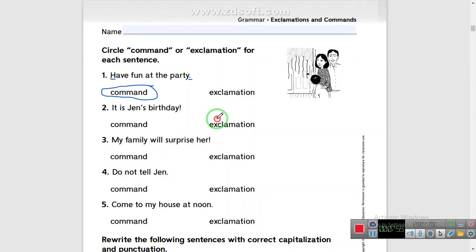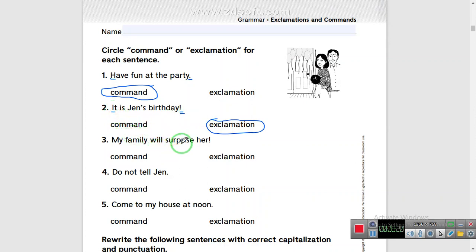Why? Because this sentence is showing feelings of happiness because it's Jen's birthday. They are excited that it's Jen's birthday, right? And to know more, it ends with an exclamation mark, so for sure it's an exclamation, and for sure it begins with a capital letter.